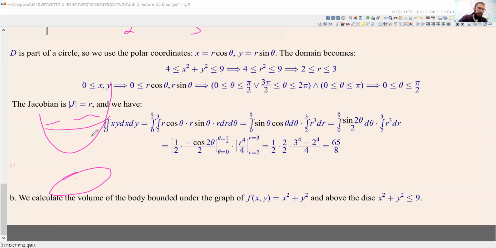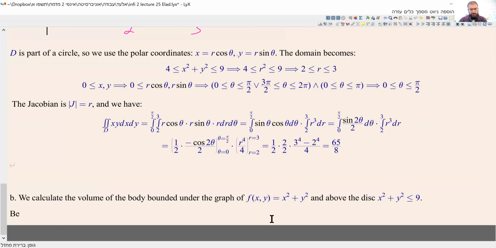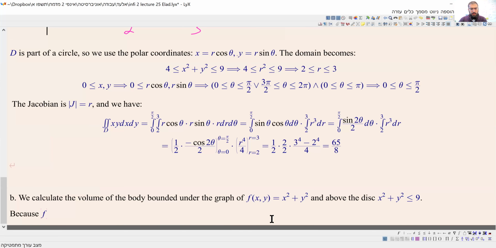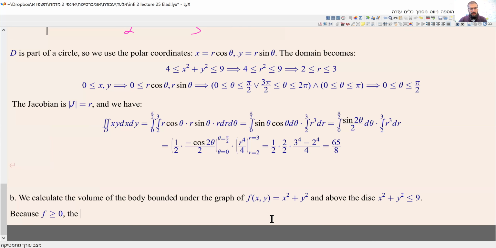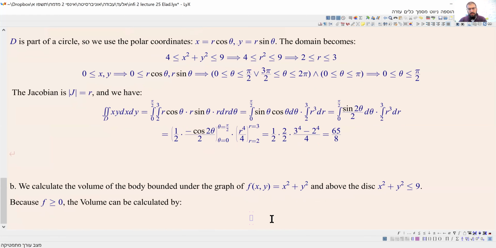So between this bowl and the circle, there is some volume bounded. We want to calculate it, and it's basically simply the integral of f. And because f is greater than 0, the volume, let's call it v, can be calculated as the double integral over D of f.